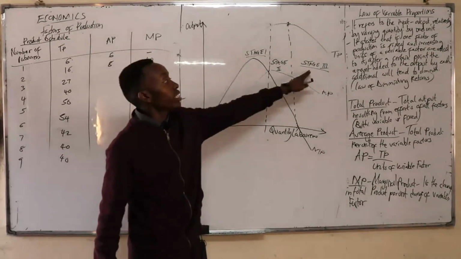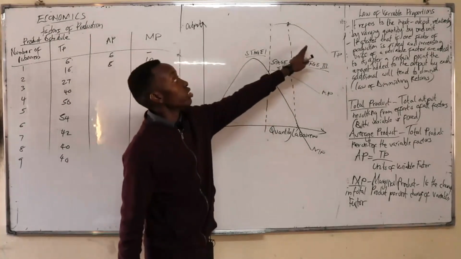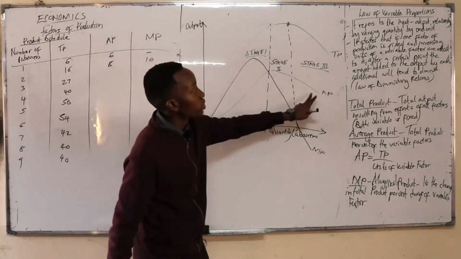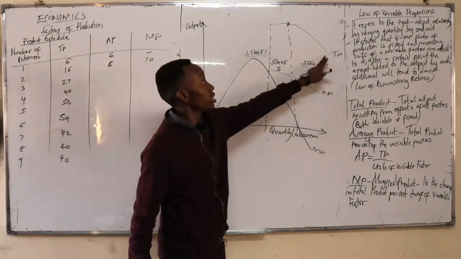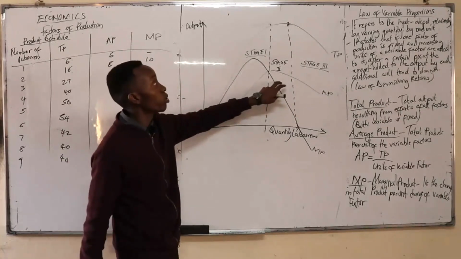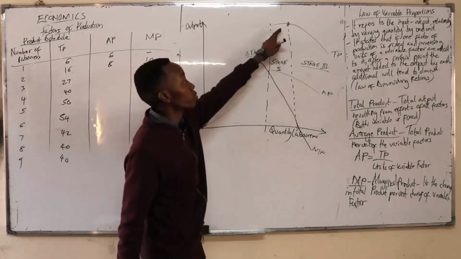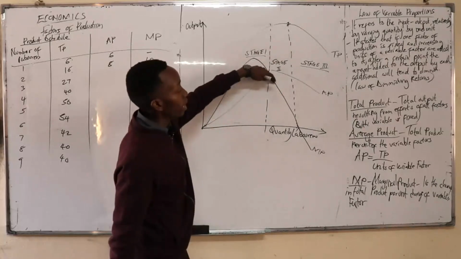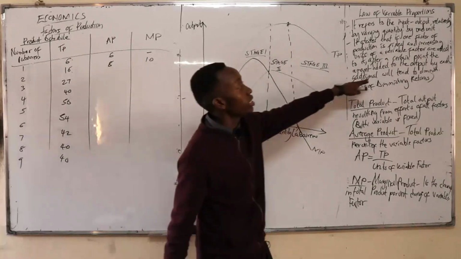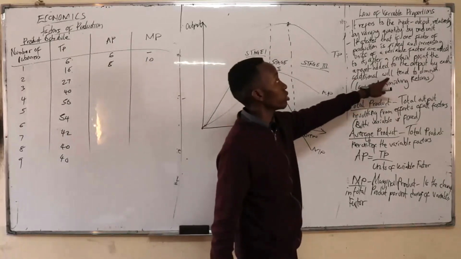At the third stage, the total product starts to decrease and the average product also decreases, so it is not ideal to produce at this stage either. But the second stage is the best stage to produce at, because you attain the total product while the marginal product and the average product reduce. That is the law of diminishing returns.